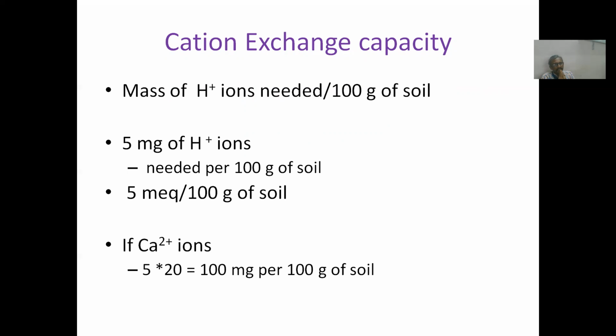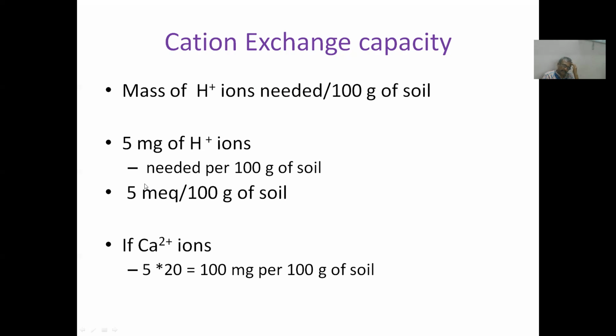So its cation exchange capacity is expressed as 5 milligram of hydrogen ions per 100 gram of soil. And conventionally, instead of writing milligram of hydrogen ions, it is written as milli equivalents. So 5 milli equivalents per 100 gram of soil.